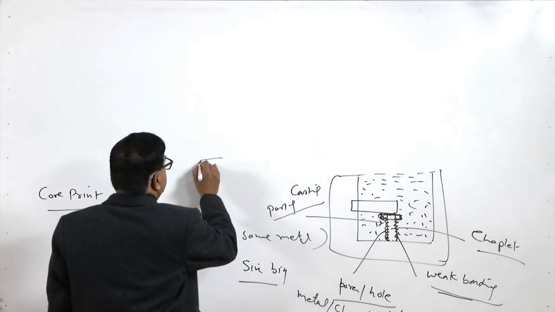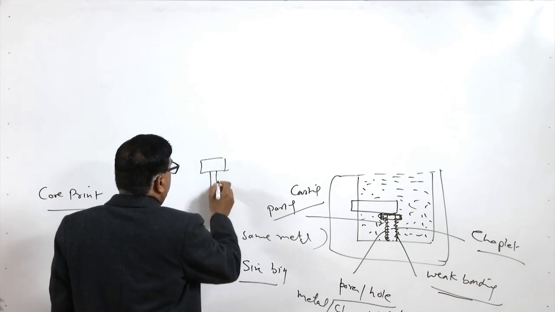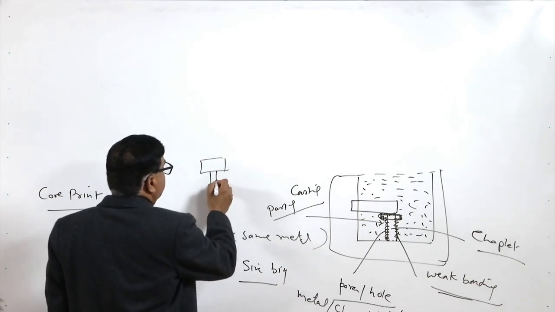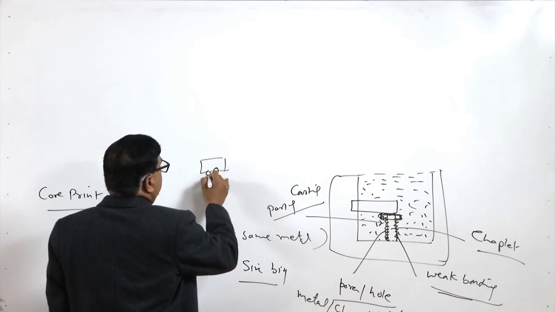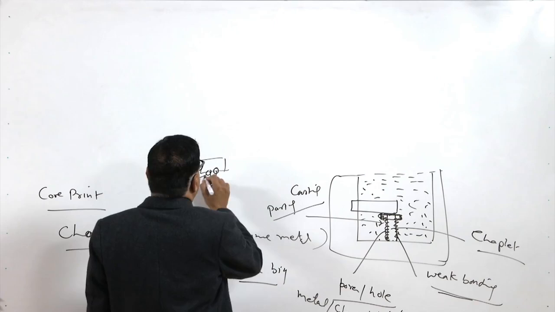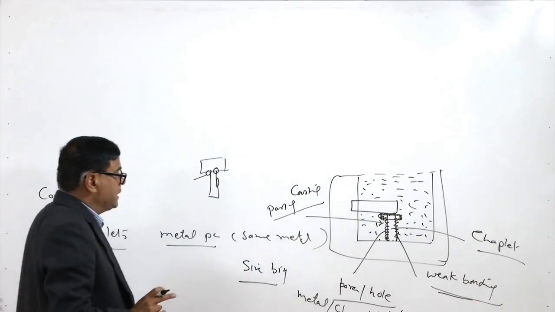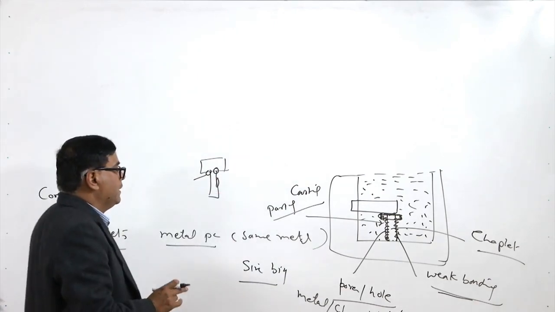So, say this is the chaplet, and if due to the excessive heat requirement it has not melted, then there may be pores and holes at the metal and the chaplet interface. This situation needs to be avoided.